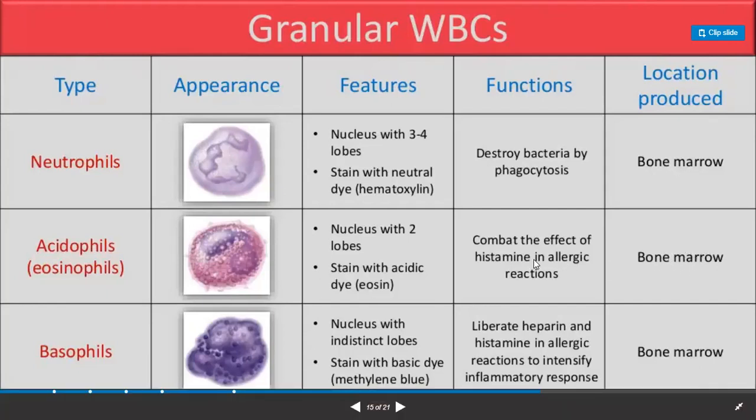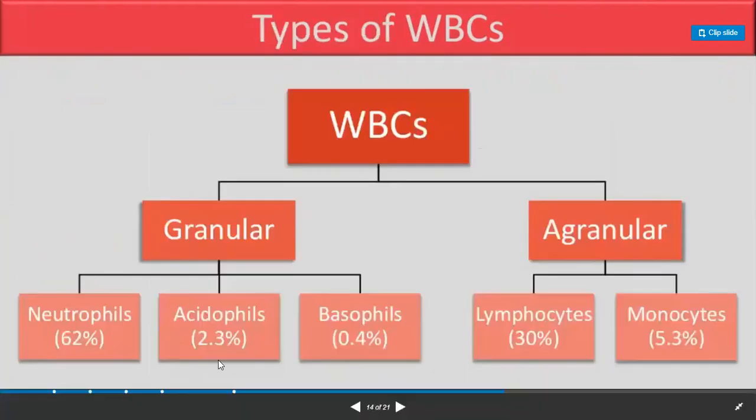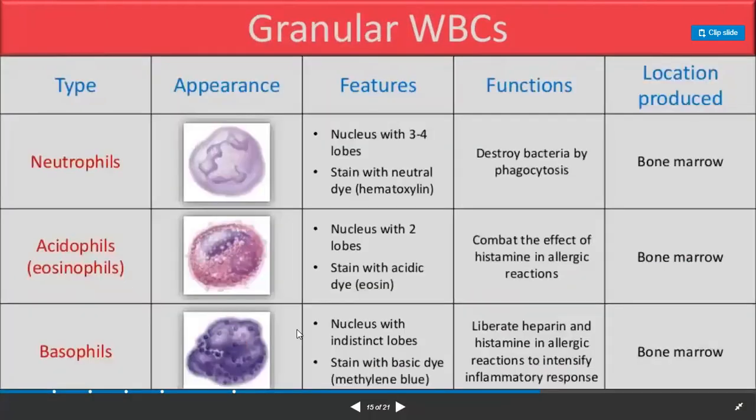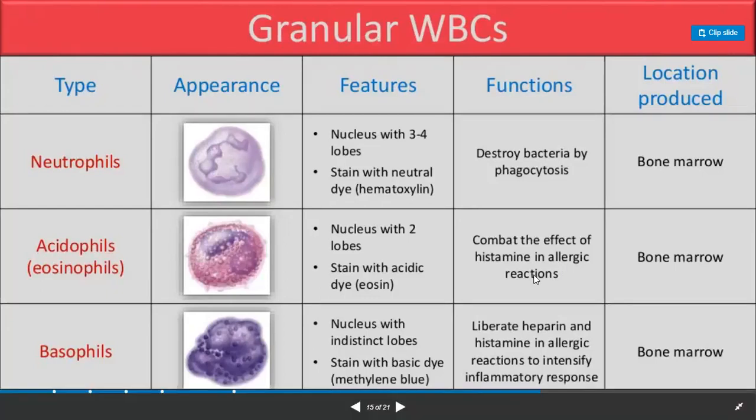Whenever there is an allergy, you will find that the number of eosinophils will increase. Here we said that it is 2.3%, but when there is an allergy, you should have eosinophils that are maybe close to 10%. That's to tell you that there is an allergic reaction.